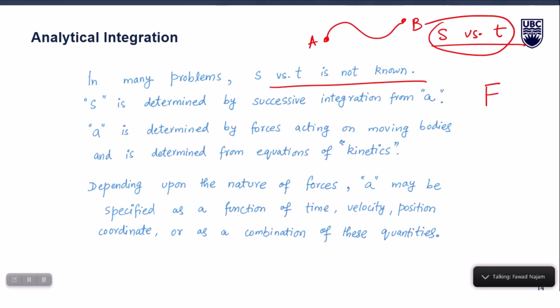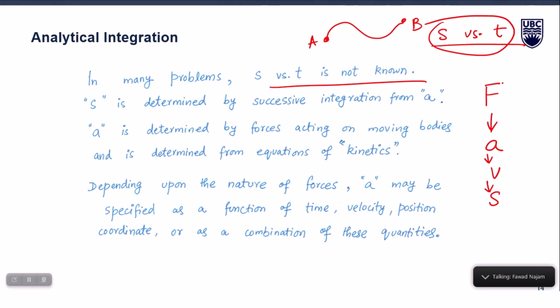We all know that force causes acceleration, and then acceleration can be given to you with some velocity and S to be determined. So acceleration may need to be converted to velocity and then displacement in another category of problems.